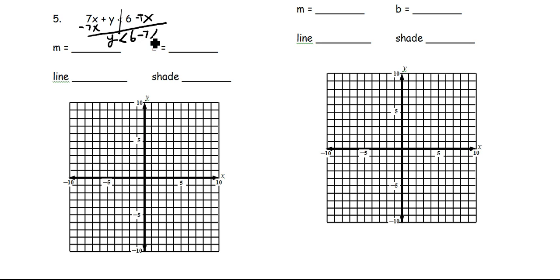So our slope, remember, it's the coefficient of x, so it's a negative 7. The y-intercept is the constant, which is 6. We look at this symbol. It's less than, it doesn't have the equal sign, so this will be a dotted line.